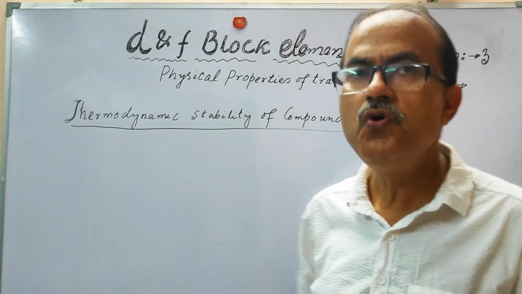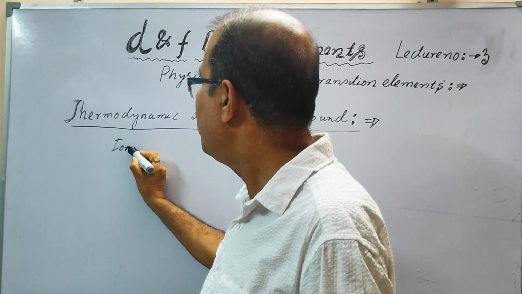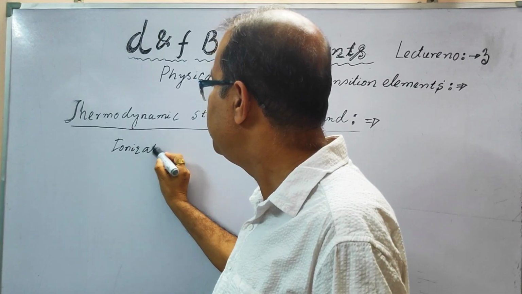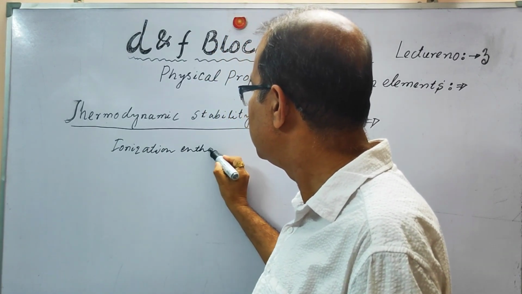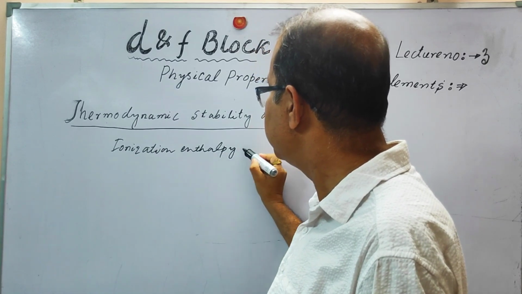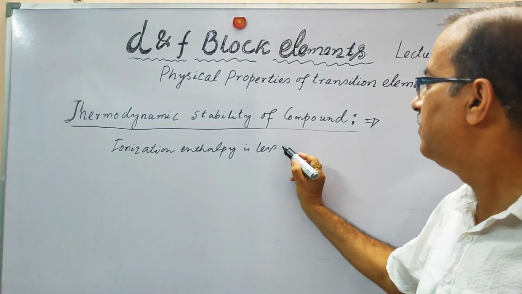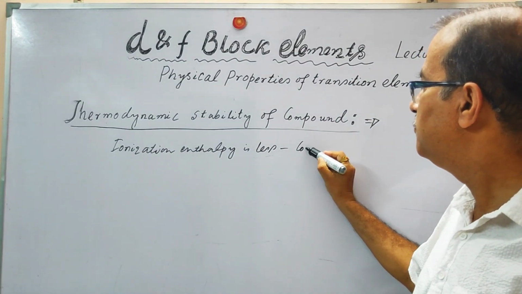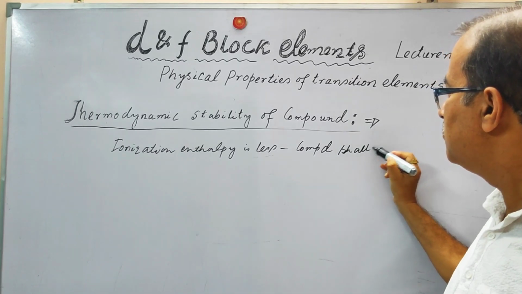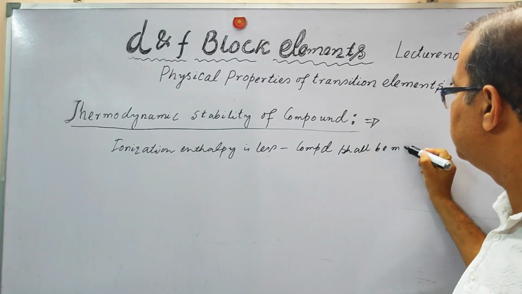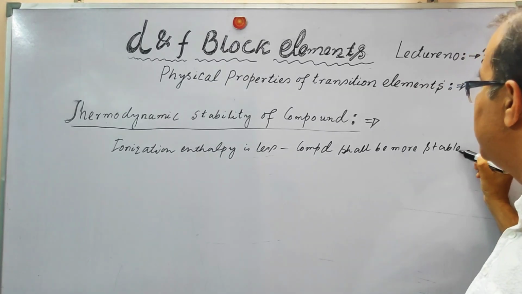And this is a rule: when the ionization enthalpy is less, at that time the compound will be more stable. So it relates to the ionization enthalpy.